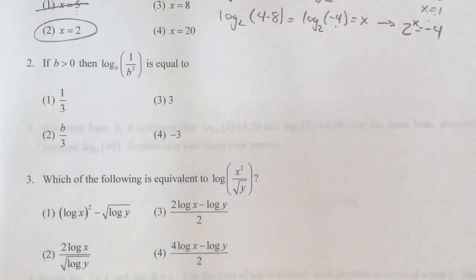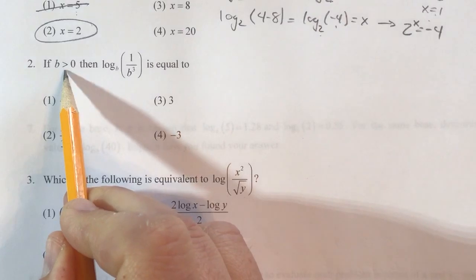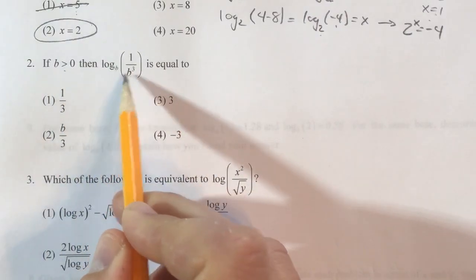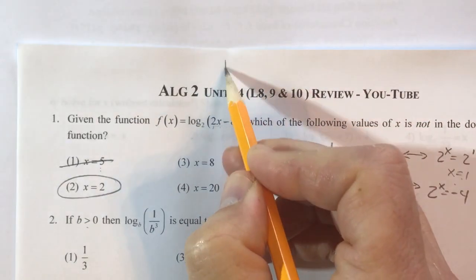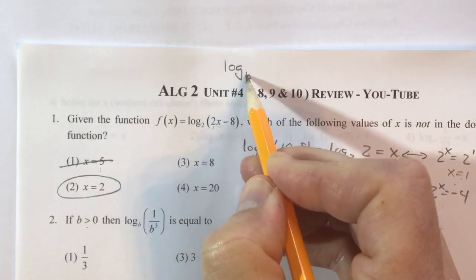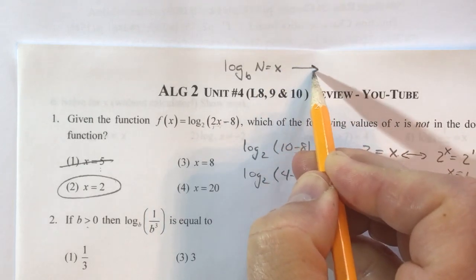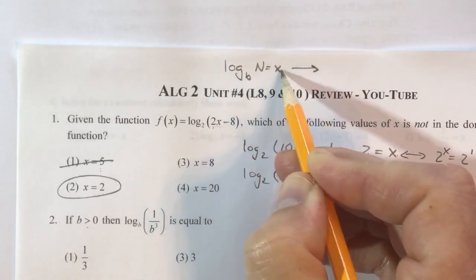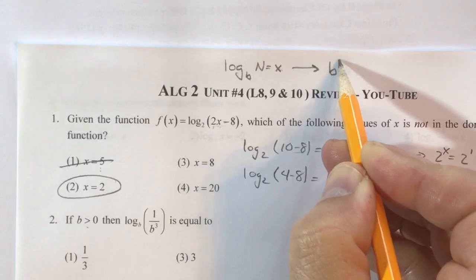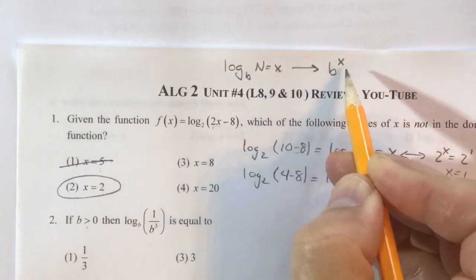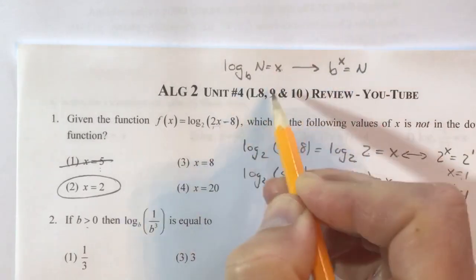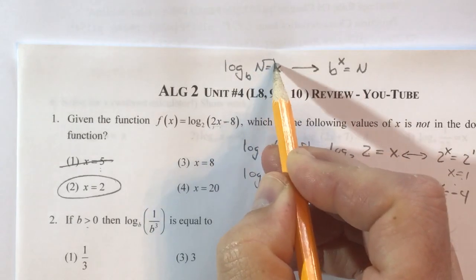Okay. If b is greater than 0, what is log base b of 1 over b cubed equal to? So this is that converting thing. Maybe I should write it up here. So how do you go from log world into exponential world? So b to the x, the base raised to the answer, is equal to the number. That's how I like to write it. So we're just switching x and y.